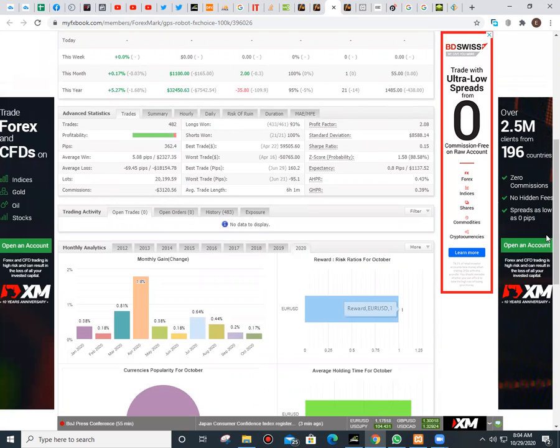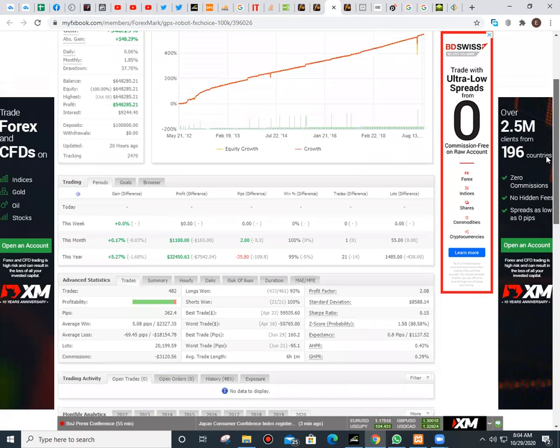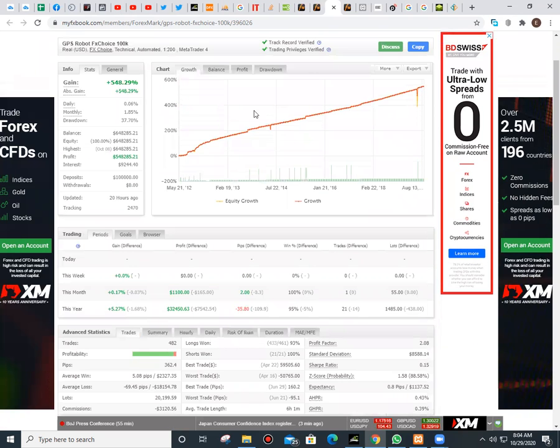How does this person trade? Because you can see this graph here, it's somehow moving upwards to the positive gradient. What do you consider?